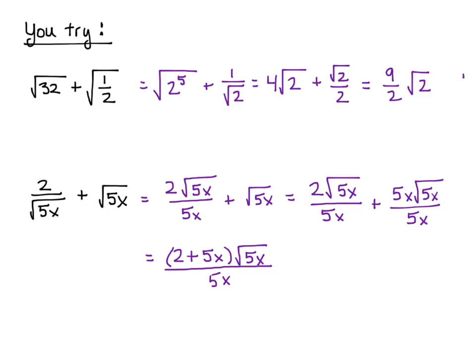Now, one of the things about doing this is that you can have much more complicated radicands with these radicals and still do the same kind of thing. And you're going to see this in calculus quite a bit. For example, if you have something like this, where you have 4 times the square root of 2x minus 1 plus 8 times the square root of 2x minus 1.